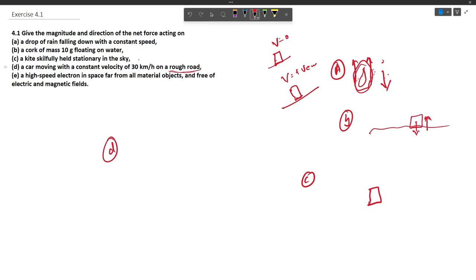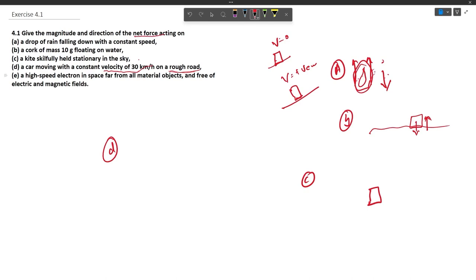So in order to keep that motion constant, the forces acting on it are balanced by the motor. That's why the velocity is constant, and its net force is zero.